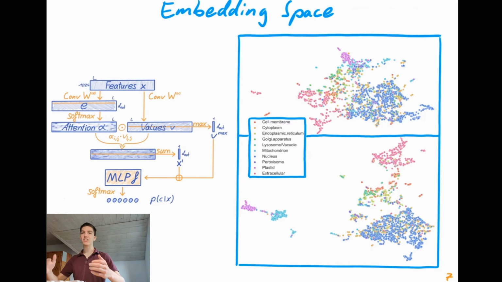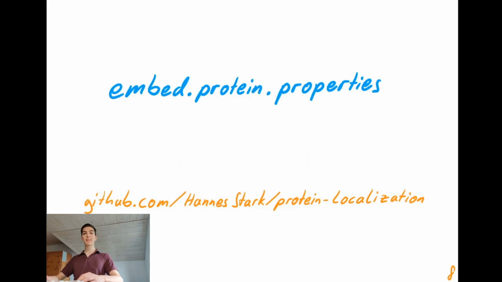This representation is then used as the input to our light attention architecture that is very lightweight, but able to attend over the whole sequence and pay the correct amount of attention to each position in the sequence. With this approach, we're able to beat the previous state of the art on the standard benchmark, but also on a newly created test set with harder targets and less sequence similarity.